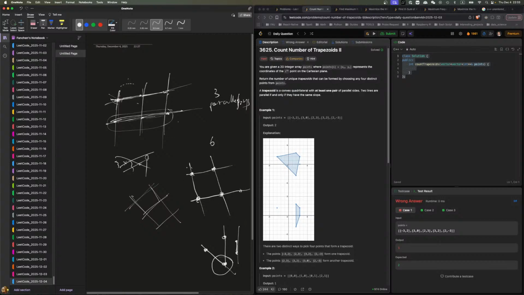Like this is 4, right? So you can have 1, you can have 2. No, you cannot have 2 because this is not a pair. Now you have to find all the different pairs. All right, I need to think about this.